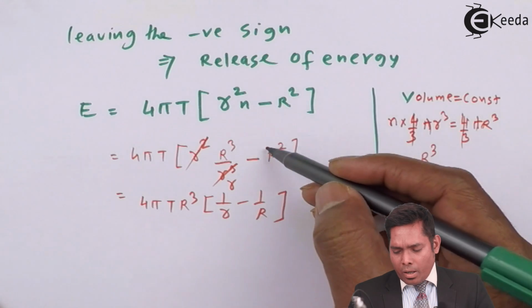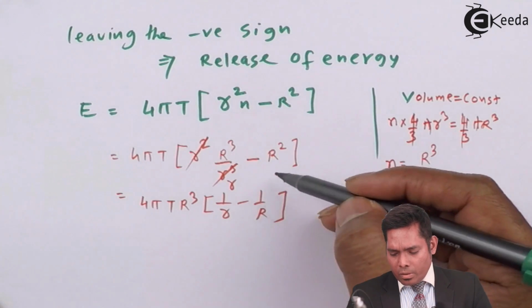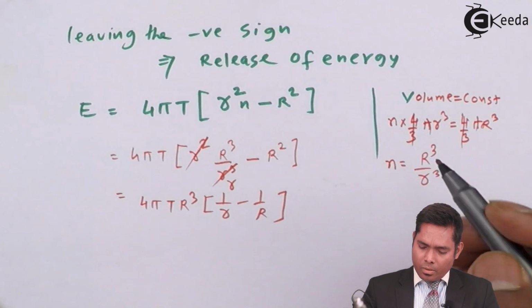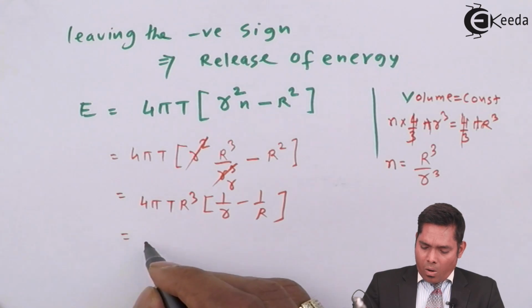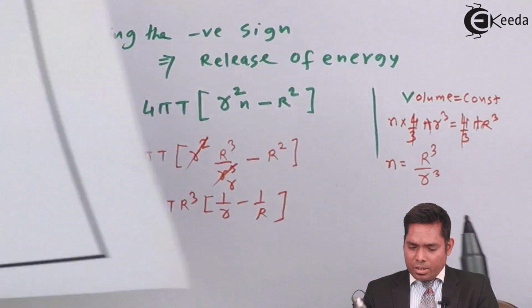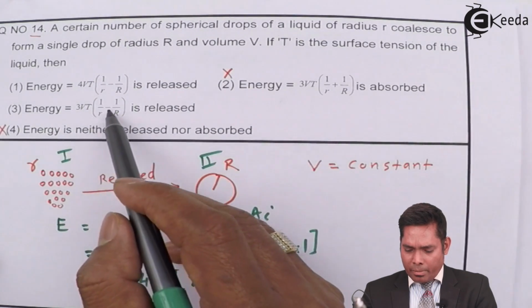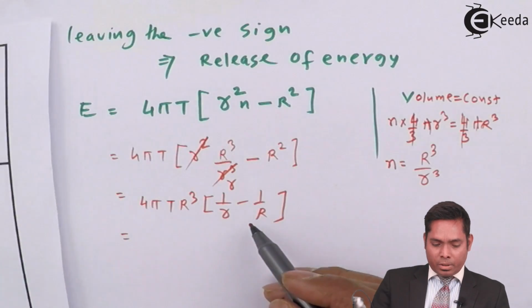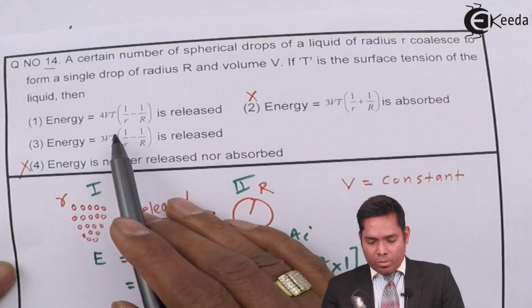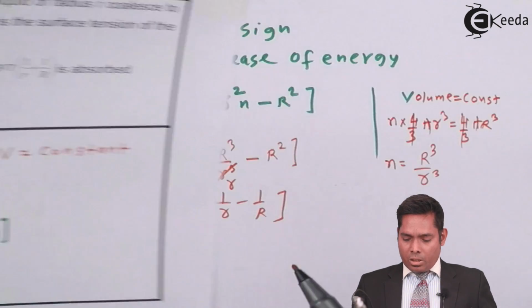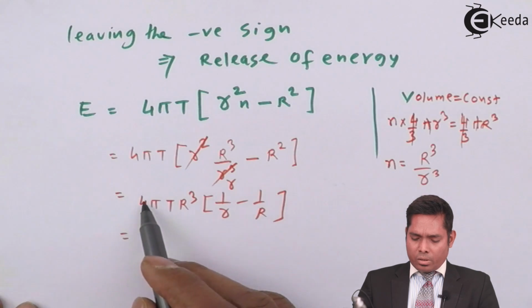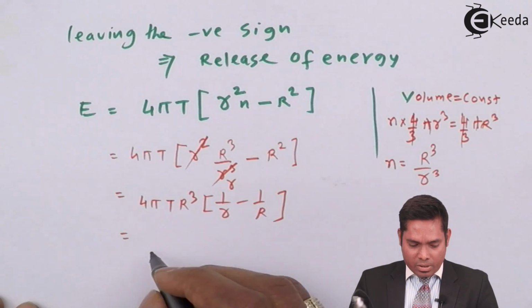Multiplication of R gives you R cube. That goes out, and one R is left. Now this part is clear, that it should be 1 by r minus 1 by R. Now, you want 4VT or 3VT. You can see it's 3VT. Let us see what that is.